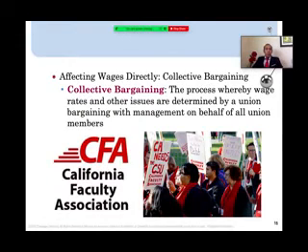And unions have what is called a collective bargaining capability. And collective bargaining is powerful because since most of the members are part of the union to begin with, they have the ability to influence wages. And that is the process whereby wage rates and other issues of importance that are considered priority by the union are determined by union bargaining power.